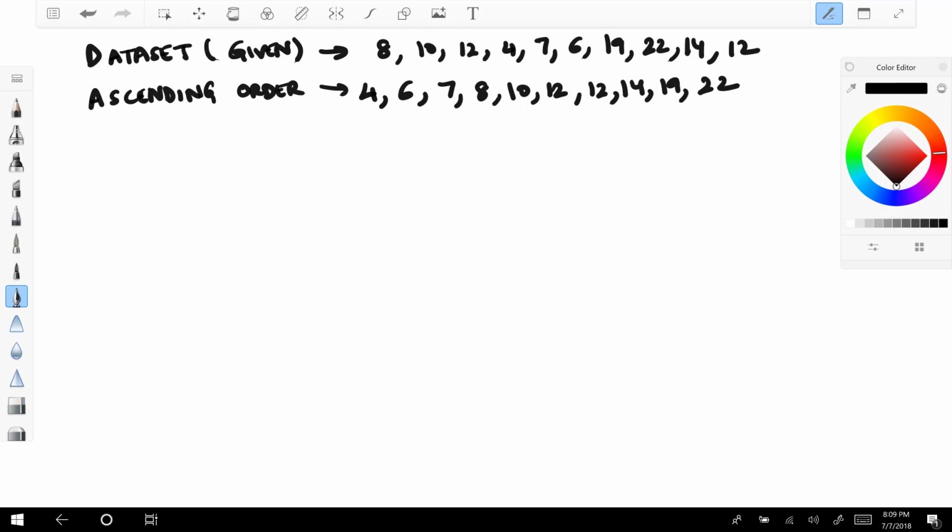So the next step would be to determine the location. So if we wanted to determine the 25th percentile, so this will be given. They will ask you what percentile you want to determine, and that is 25th percentile we want to determine at this time.